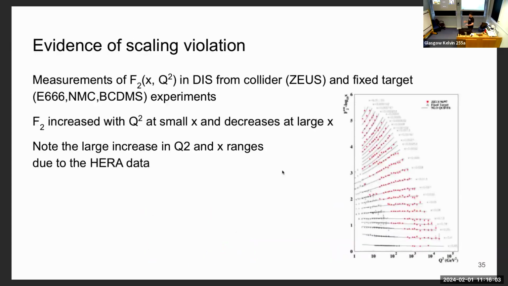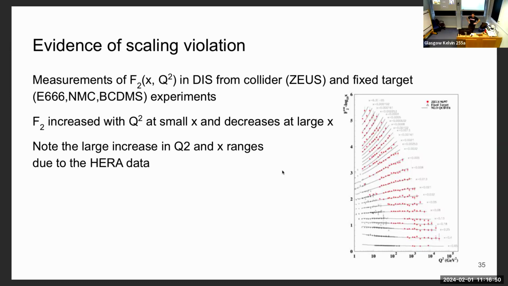And here's the evidence. That's what they did at ZEUS at HERA, where on the x-axis you have Q squared, and on the y-axis you have F2, the structure function. You can actually see that perhaps at low values of Q squared it looks kind of flat, but then as you increase Q squared, F2 starts to show a trend.